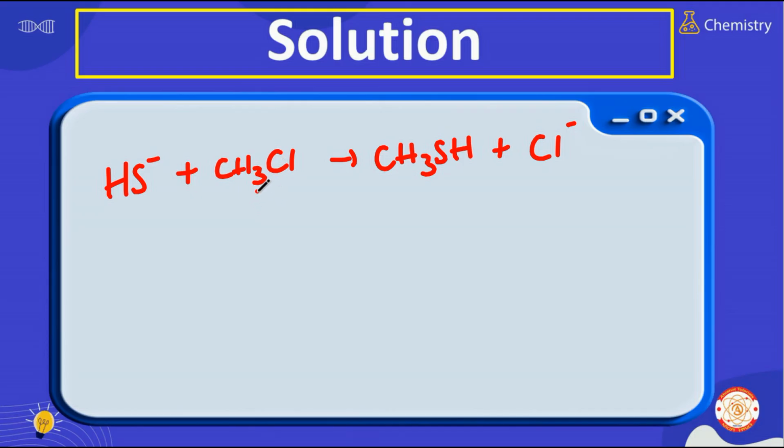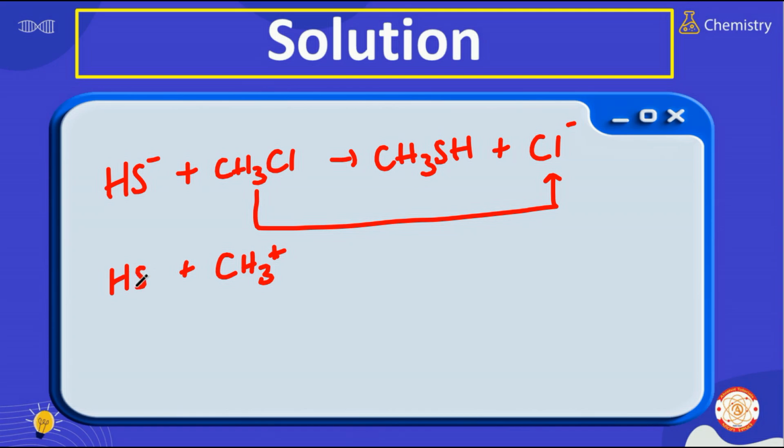Okay, so consider this transition. When this is produced, what is left here is plus HS. So in this reaction the bisulfide is rich in electrons, or has excess electrons, therefore it will donate electrons to the carbon which is deficient in electrons.